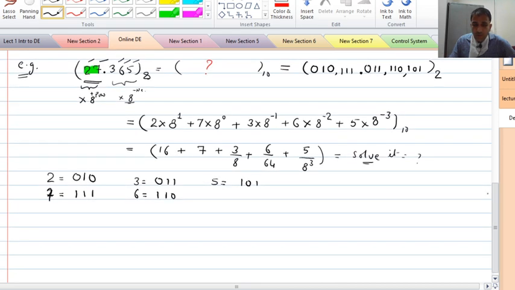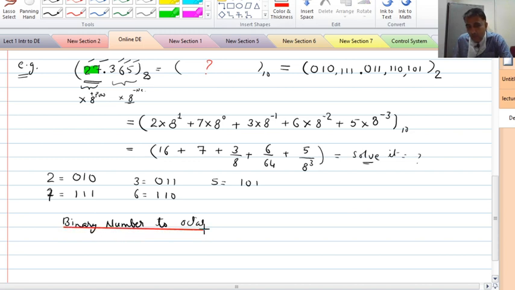Now, what about if we want to convert a binary number to octal? In this case, we have to make groups of 3. Just remember that, make groups of 3 bits.